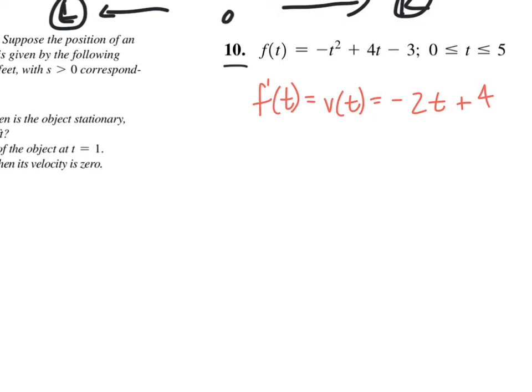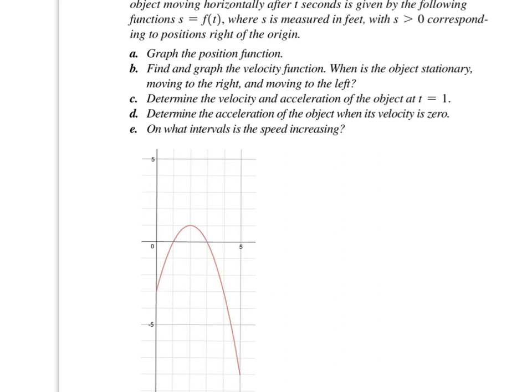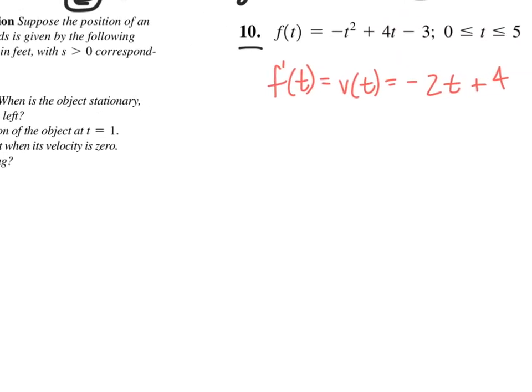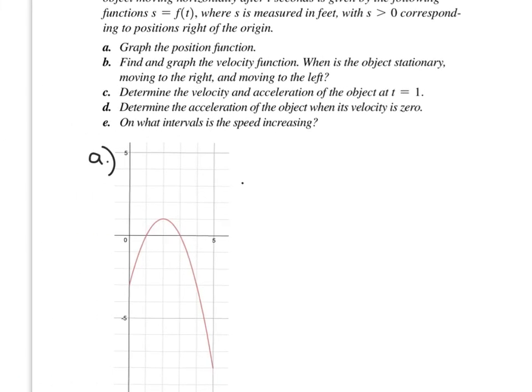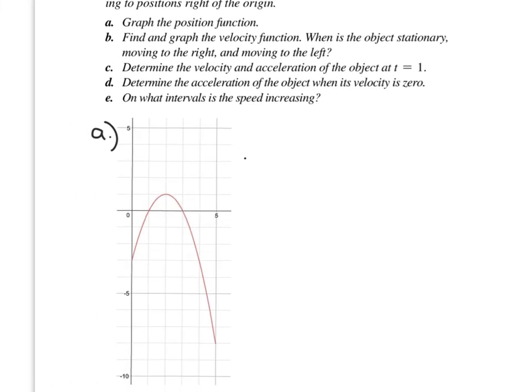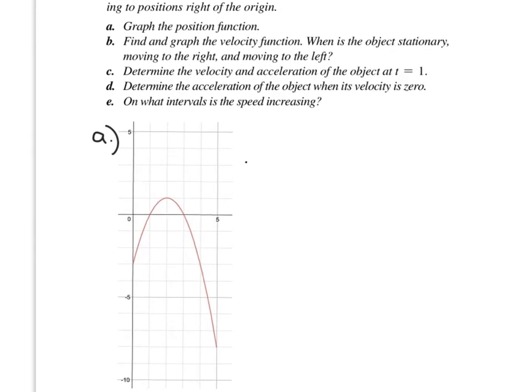Now, I'm going to go ahead and graph that over here on the same graph that I had for Part A. I'm going to graph my velocity function, which is negative 2t plus 4. So I'm going to plot a point at 4, and then over that interval go down 2 over 1, down 2 over 1, down 2 over 1, down 2 over 1, and then down 2 over 1.